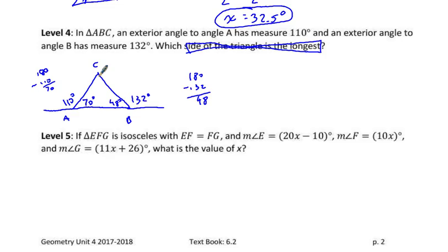So again, using the triangle sum theorem, C plus 70 plus 48 equals 180. 70 plus 48 is 118, which we'll subtract from both sides of the equation to get the measure of angle C equal to 62 degrees.